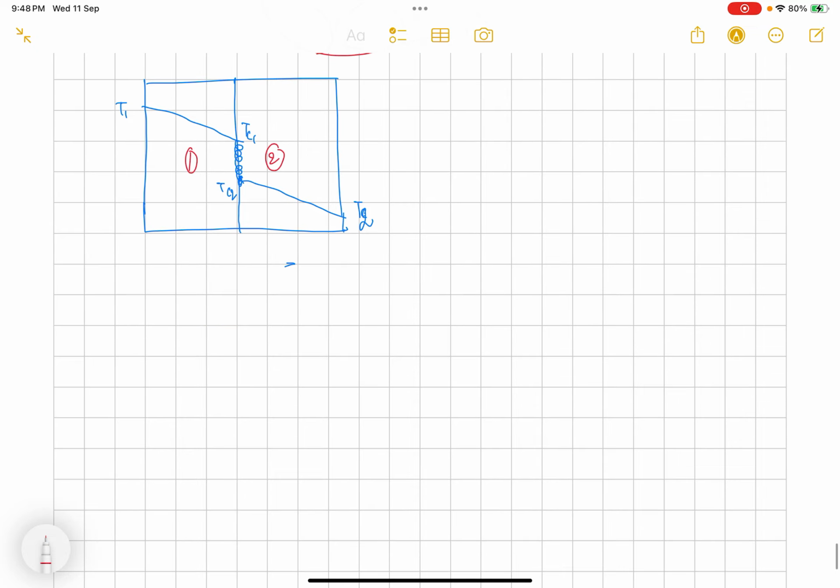Okay, so if we draw again the resistance diagram, T1, then Tc1, then again we have to put one more resistance, which is the contact resistance.